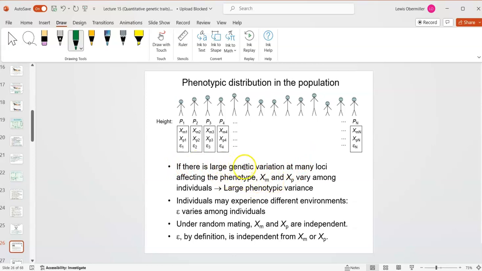If there's a large variation in the population of, say, mom, let's say height or whatever we're talking about, and dad, then there's going to be a large variance in the population. Different individuals can vary between different environments. So, a lot of studies of this variance is looking at genetically identical individuals, because if we do that, then we can see what if we assume the genetics is the same and we put them in different environments.